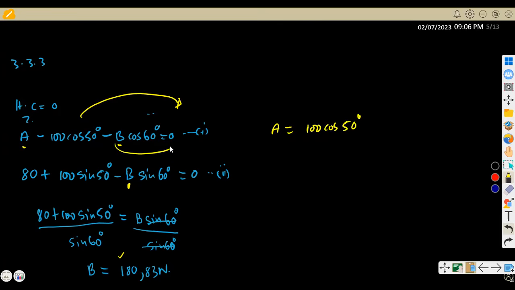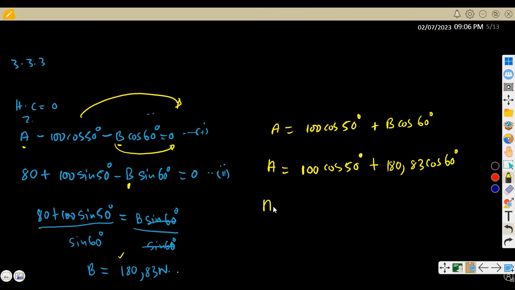We transpose negative B to this side, and it becomes positive B cos of 60 degrees. So A is going to be 100 cos 50 degrees plus B. Remember our B is 180.83, so it's 180.83 cos of 60 degrees.